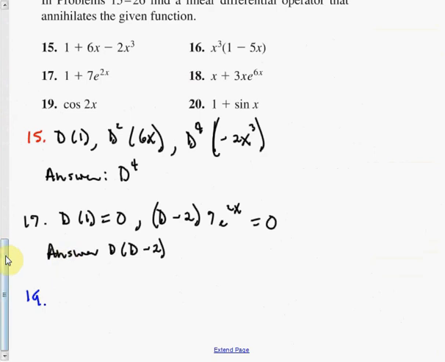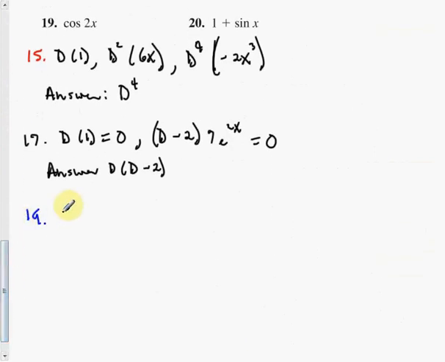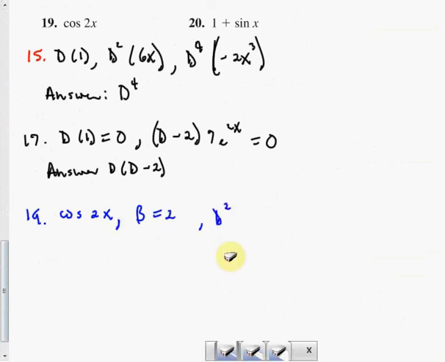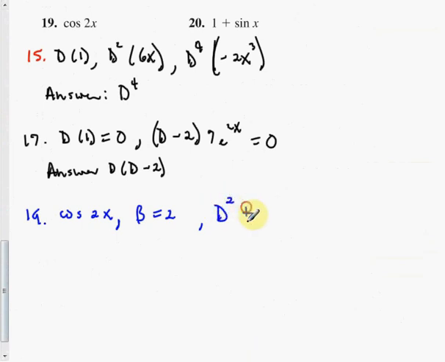So for 19, cosine 2x, beta is equal to 2. To annihilate this guy, you need d squared plus beta squared. So here, d squared plus 4 is your answer.